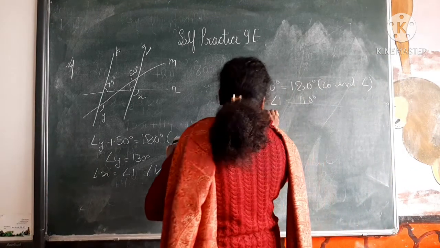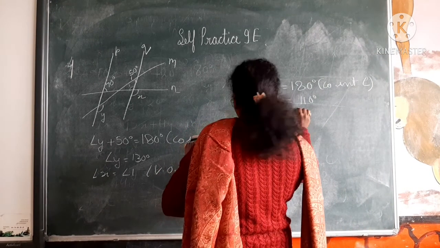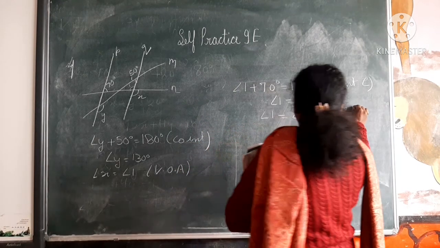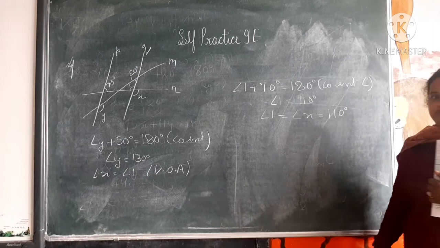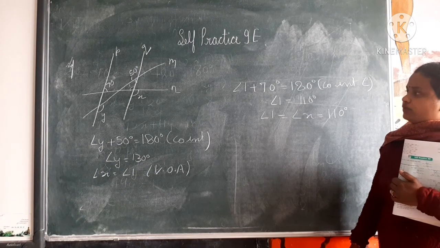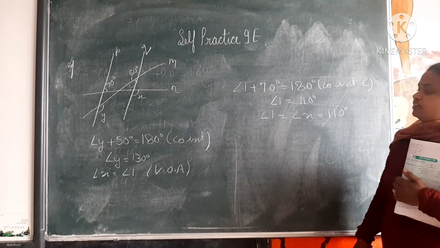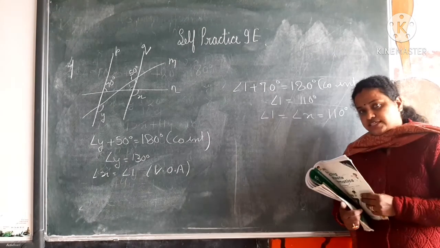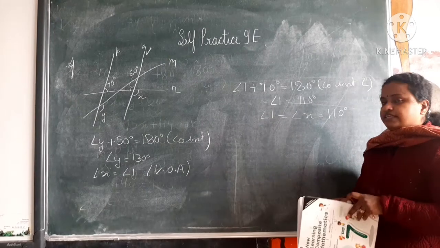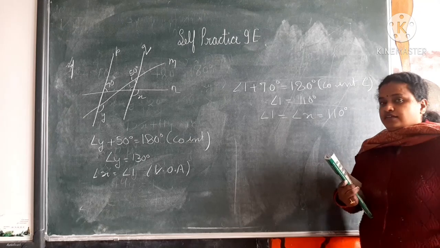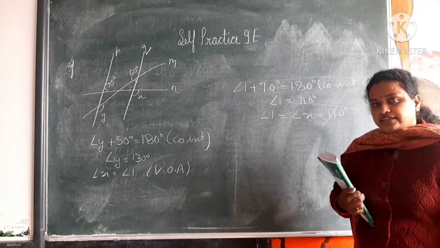So angle 1 is equal to angle X, that will be equal to 110 degree. Okay. Now it is clear. Angle 1 and angle X will be equal because they are vertically opposite angles. So angle 1 will be equal to 110 degree.